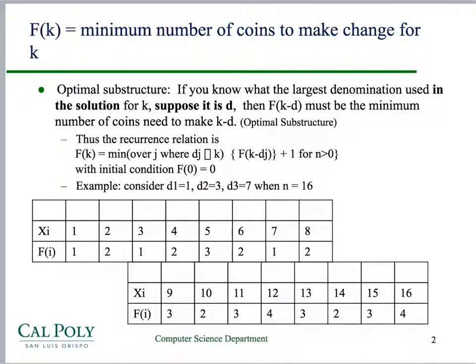In other words, you look at all the denominations that will fit, that are less than or equal to k, and you see, once you use one coin of one of those denominations, how many coins does it take to make change for the remaining amount, k minus dj. And obviously the initial condition is you don't need any coins to make 0.